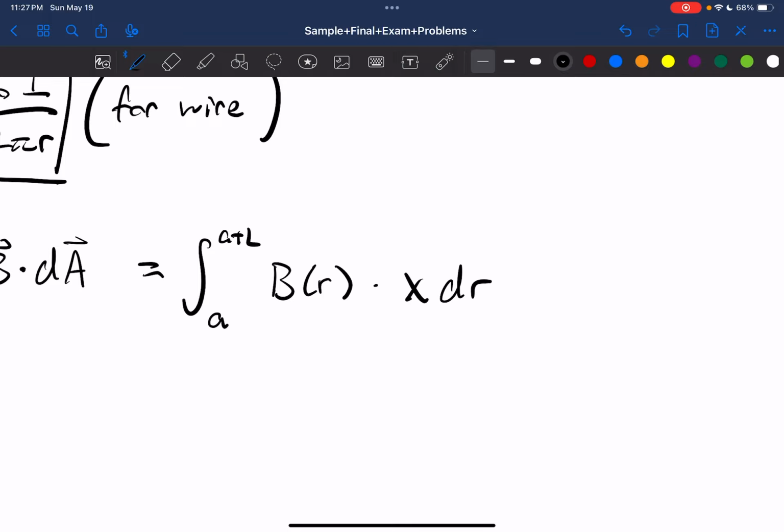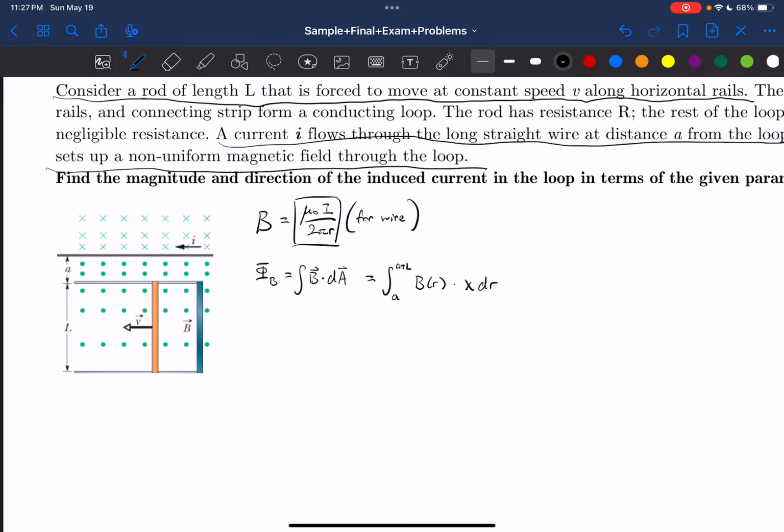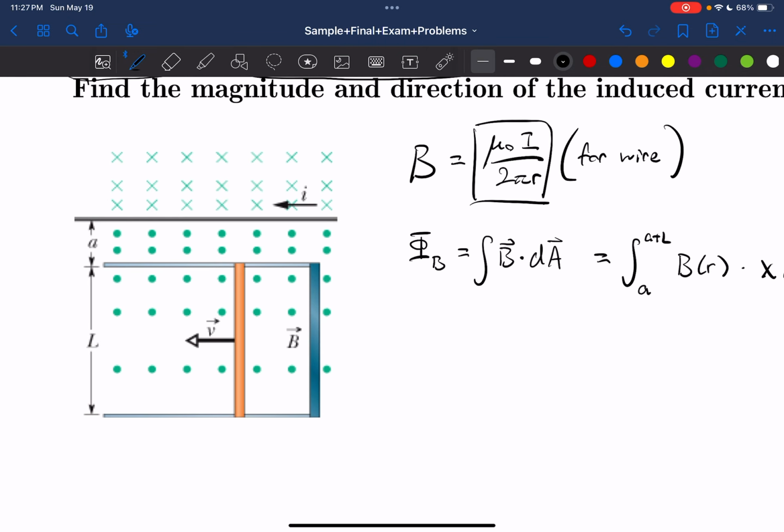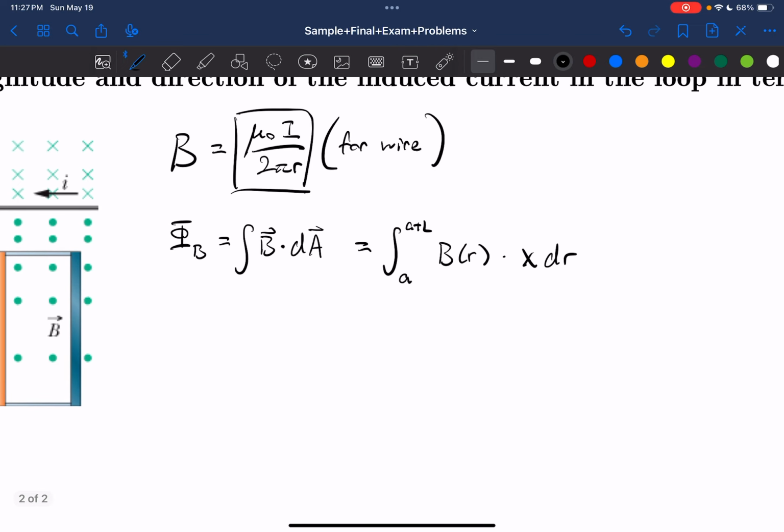x dr. And the reason we use x is because the elemental should be x, because x is the horizontal length, which is changed in relation to v, wherein v equals dx over dt. All right, so now we can move on.